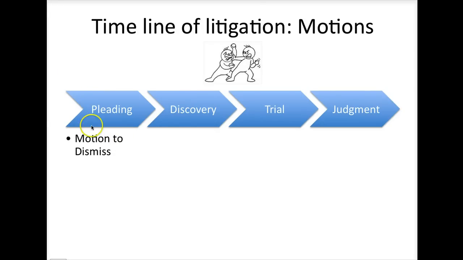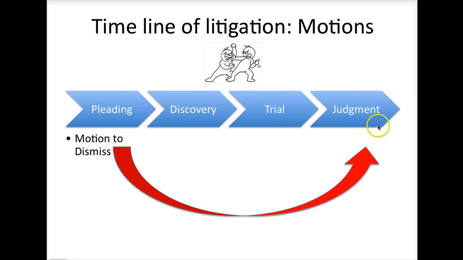So the court would say the complaint is defective because it fails to state a proper claim, so defendant's motion to dismiss is granted and judgment is entered for the defendant. That's our first shortcut, straight from the complaint to judgment. Let's look at the next bypass route.